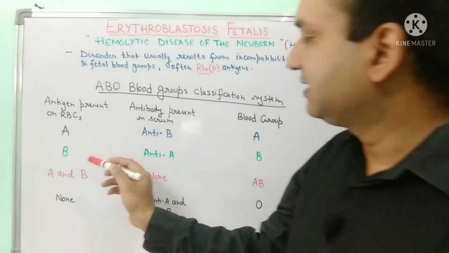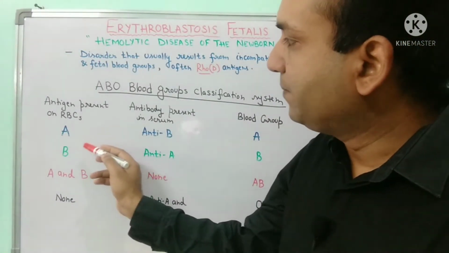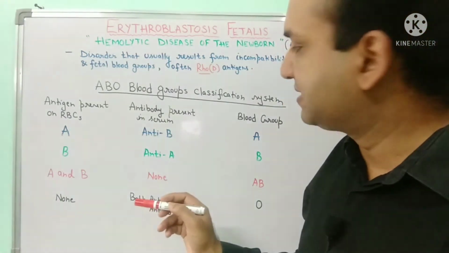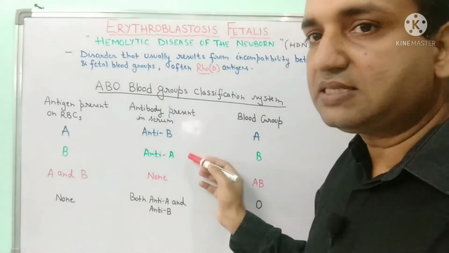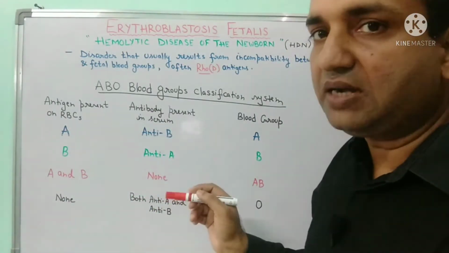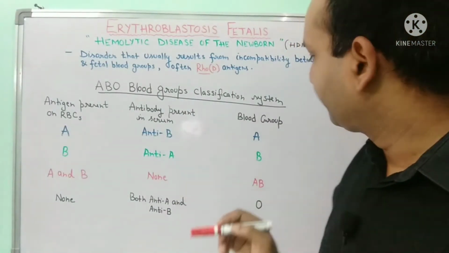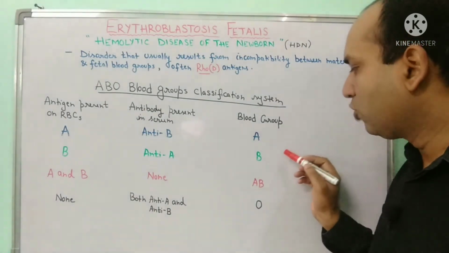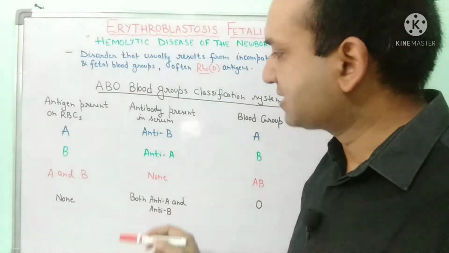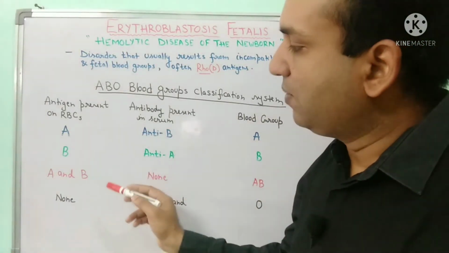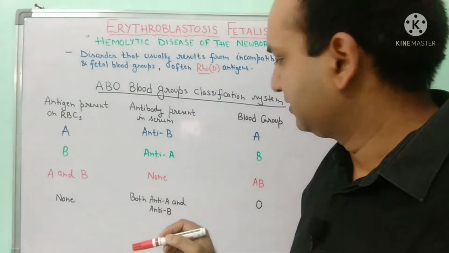In the second case, suppose a person has antigen B present on his RBCs. In such case, his body will not make antibodies against his own antigen B, but it will make antibodies against the antigen A, and therefore his blood group will be blood group B. In the third case, a person has both the antigens A and B in his blood.